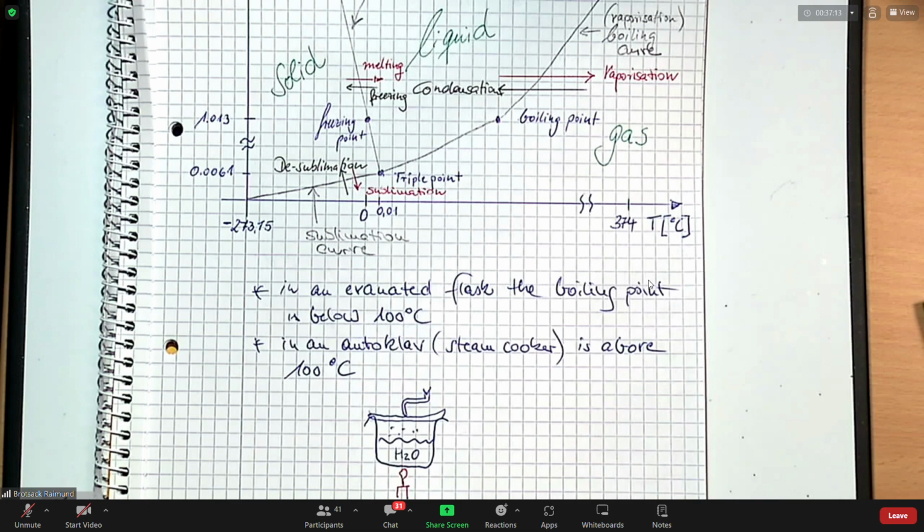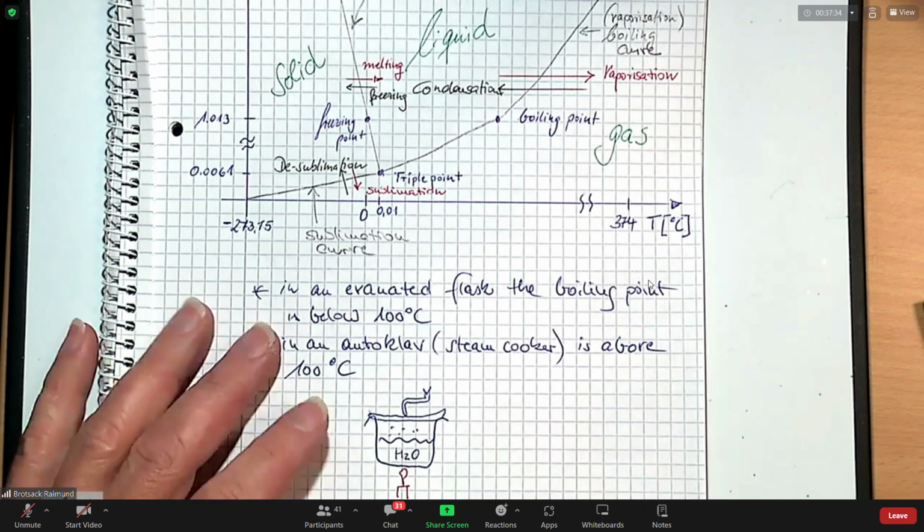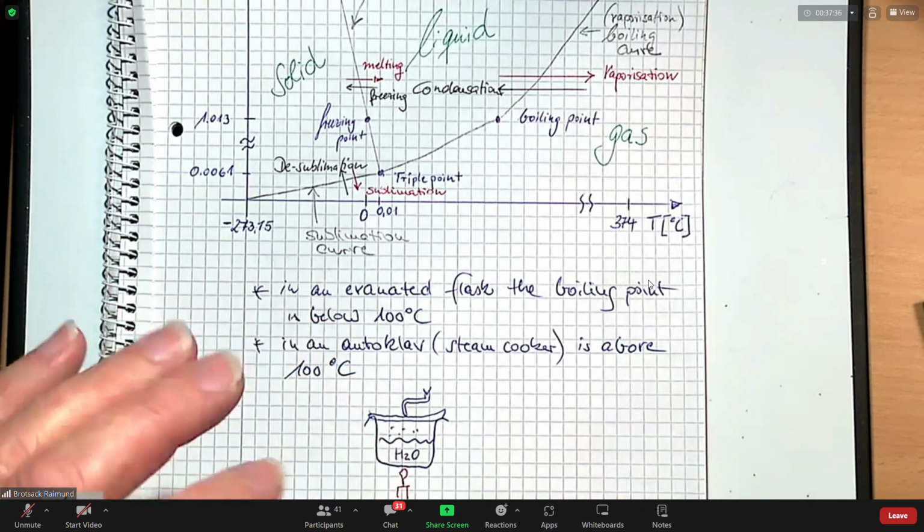Not everything is cooked, but the higher the temperature, the more molecules are already transferred into the gas phase. That is what we call the vapor pressure of water. So when we heat it up, more and more will be transferred into the gas phase.